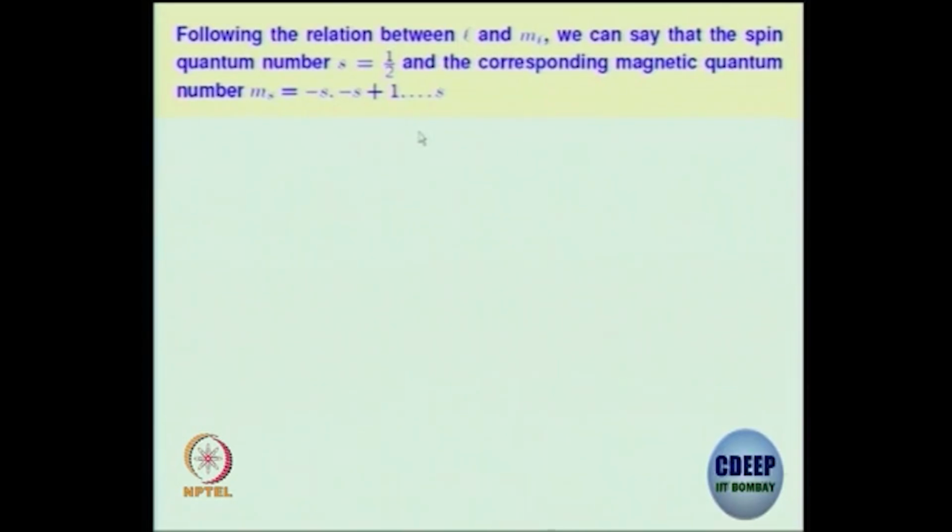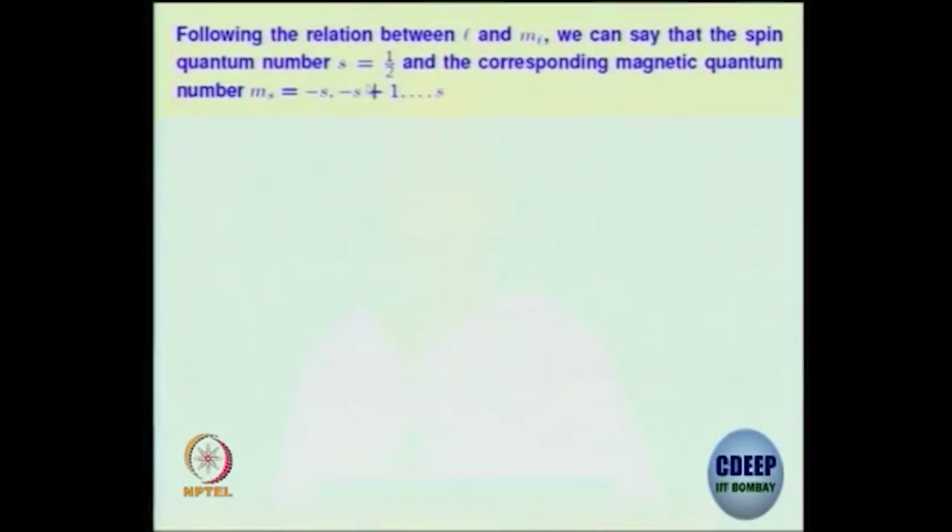That's why you see two distinct lines accounting for the spin angular momentum even though L is 0. Even though L is 0, when you turn on a magnetic field, you see two splittings because of the spin quantum number with s equal to half and m_s equal to minus half and plus half.